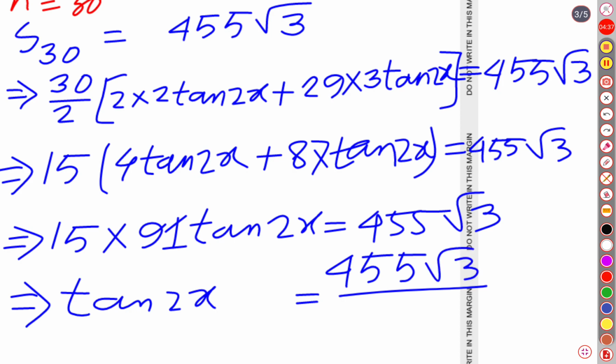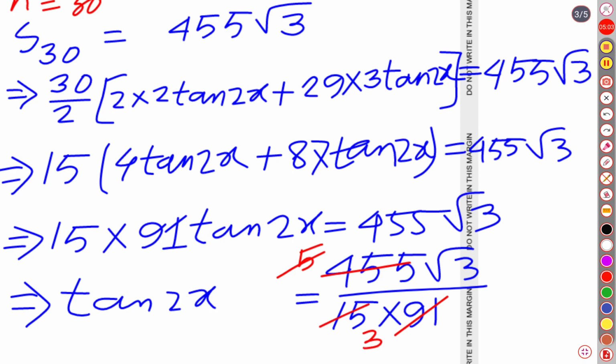If we multiply 15 by 91, how much will it be? We don't need to do this multiplication. Let us write 15 into 91. So 91 can cancel 455, it is 5. Then this 5 can cancel 15 by 3.